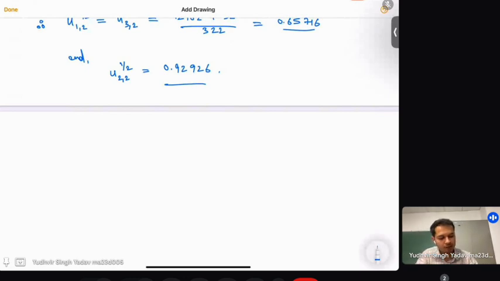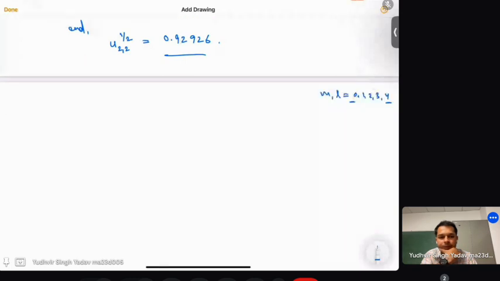Again, as we have M and L as 0, 1, 2, 3, and 4, 0 and 4 are the boundary points, so we already know the values at these points. 1 and 2 we have done, we have fixed m equals to 1 and m equals to 2.